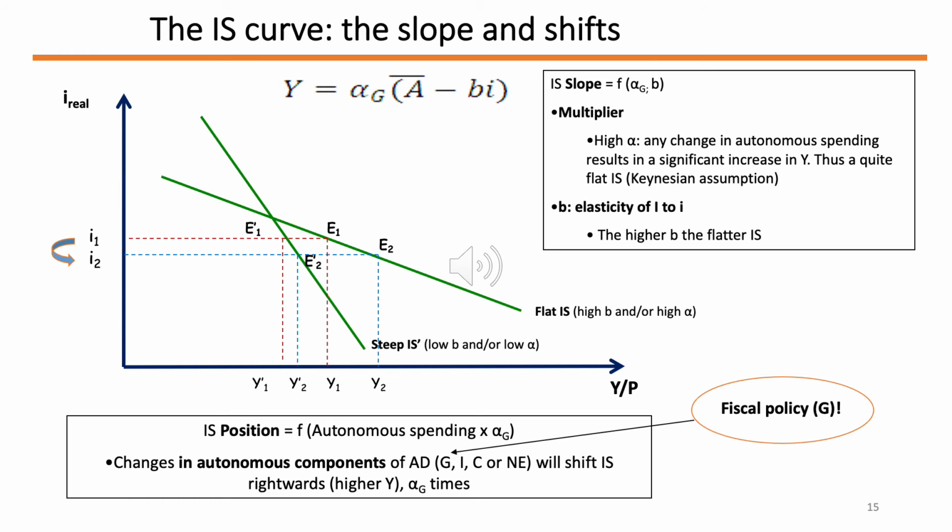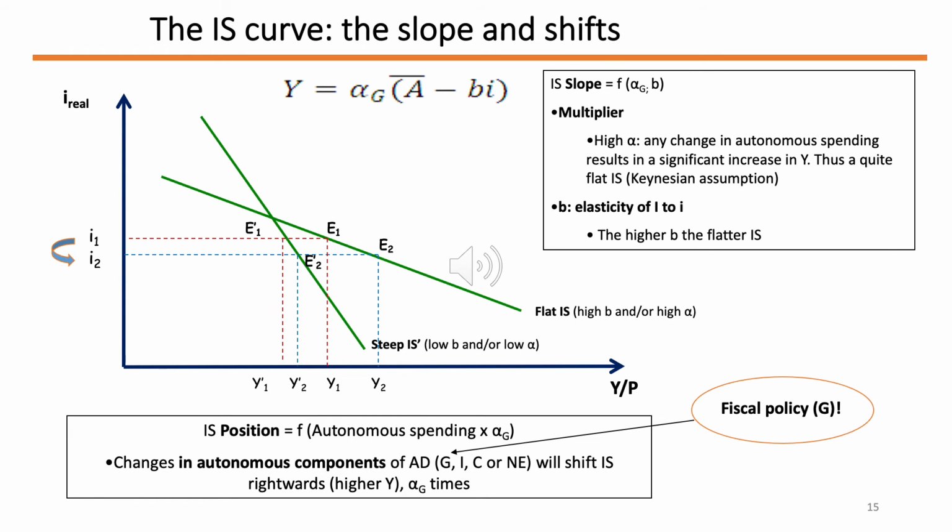So the slope of the line is going to be given by the combination of both the multiplier of spending and b, the elasticity of investment to interest rates. And the position is going to be given by changes in autonomous spending in the economy.